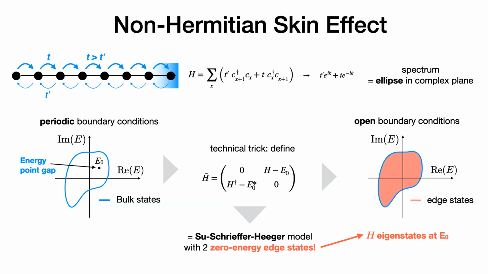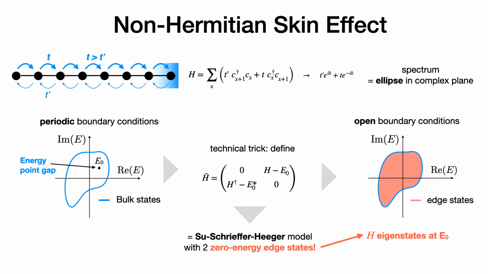So what you get in open boundary conditions is that actually for all E0s that are in the point gap, you must have an end state. Right? Because you can do this trick and define H bar for all E0s, and it's always a topological SSH model as long as you're inside the point gap. So this is the skin effect from a spectral point of view.